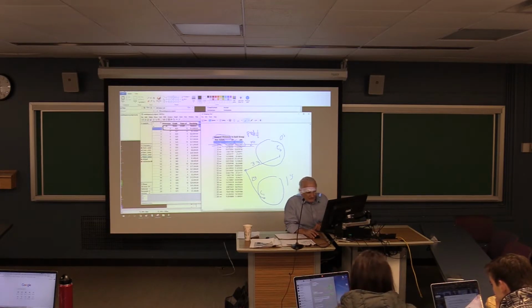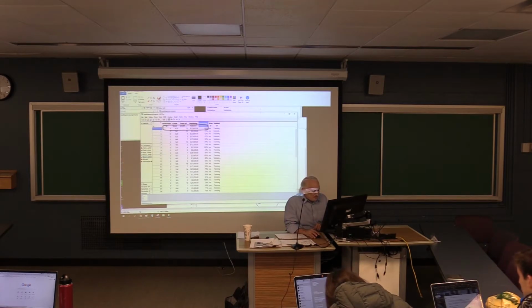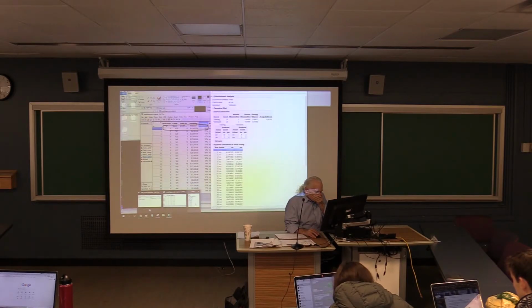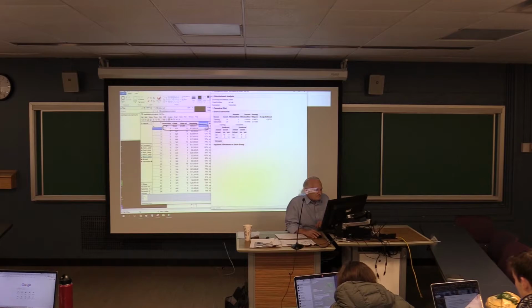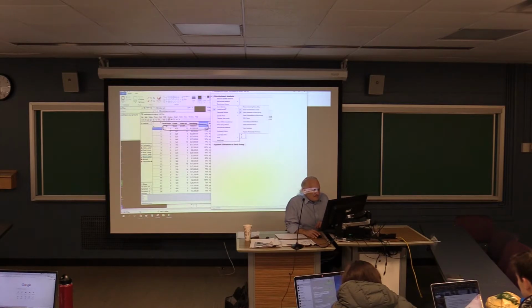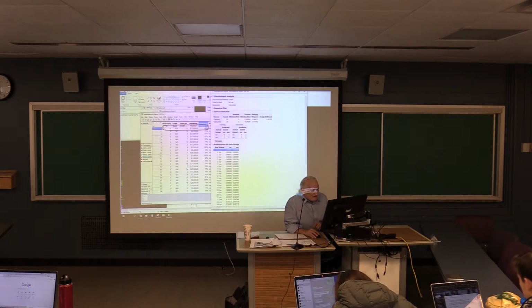Group 1, group 0, group 1. Then I can score the probabilities to each group. Shows the tables of the probabilities to each group. Okay, so now you have probabilities.